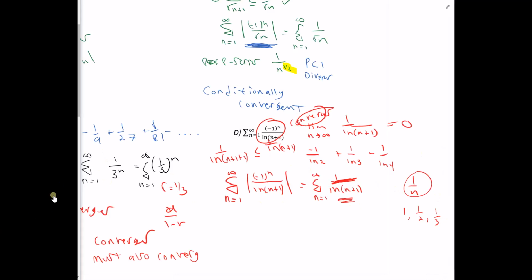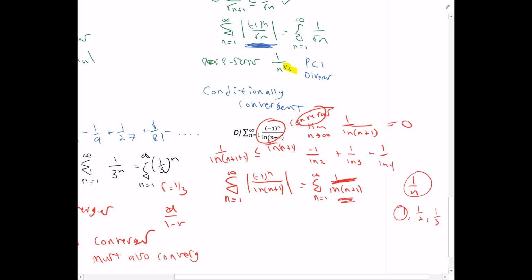So it's 1 divided by natural log 2, 1 divided by natural log 3, 1 divided by natural log 4, 1 divided by natural log 5. And you can see that when I plugged in 1, the first term, 1.44, was actually bigger than this.